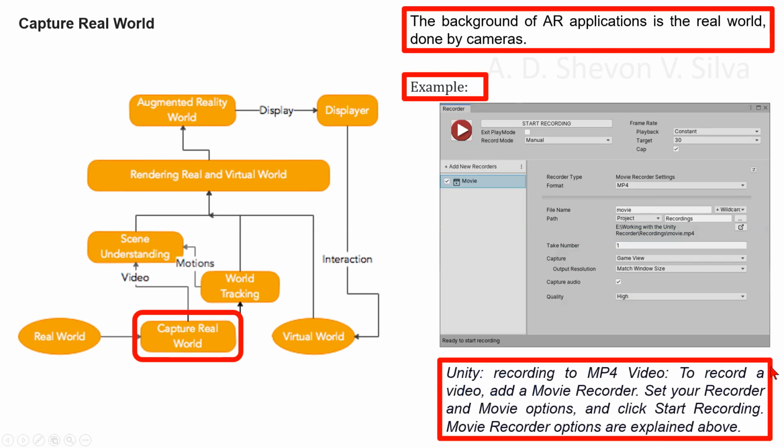Here you can see an example of recording to MP4 video in Unity. When you are working with Unity Recorder, first install the Unity Recorder package, then launch the Unity Recorder, then configure record options and add a recorder.